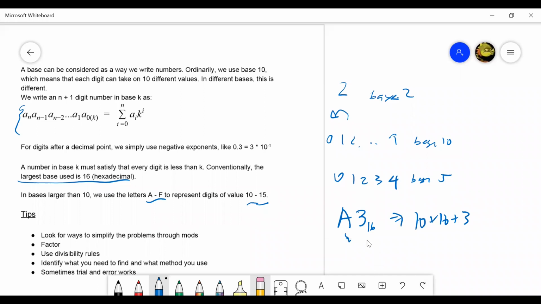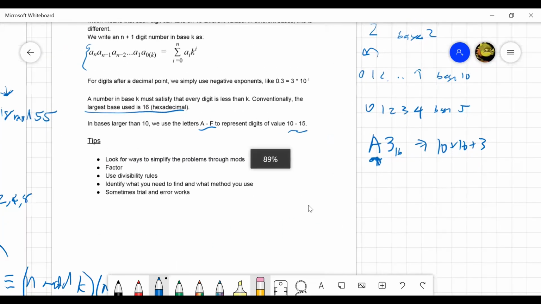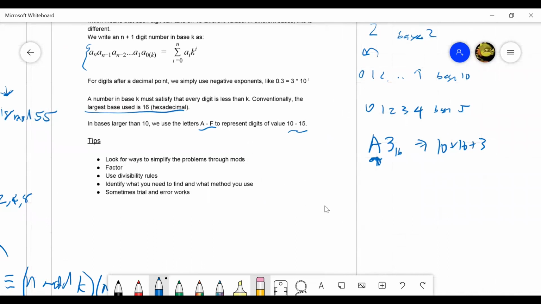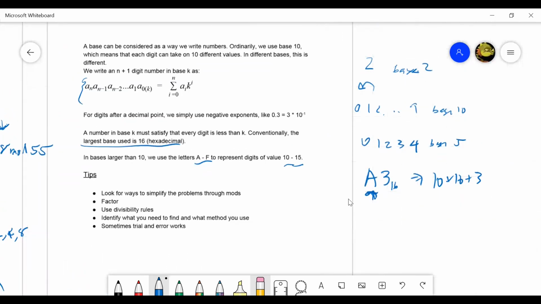Hexadecimal doesn't come up too often in these math problems. You'll see more of this different base stuff when you do computer science, because computers don't use base 10 most of the time. That's kind of off topic.